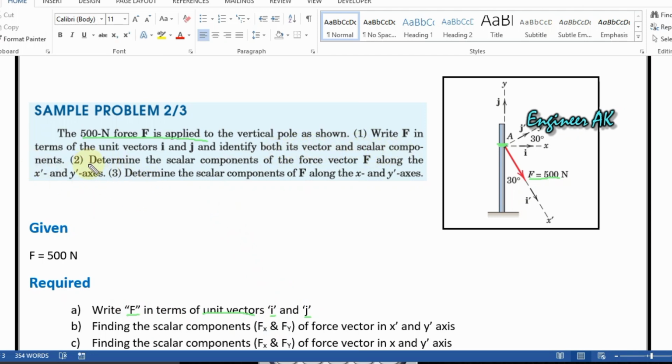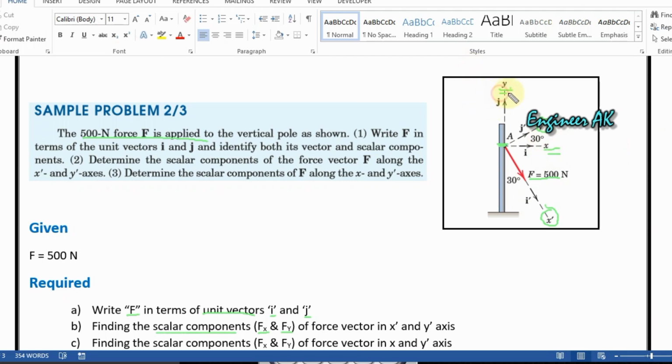Now in the second part we have to determine the scalar components of the force, the F of x and the F of y, along the x dash and y dash directions. Here it is y dash and here it is x dash, and these are the x and y axes.